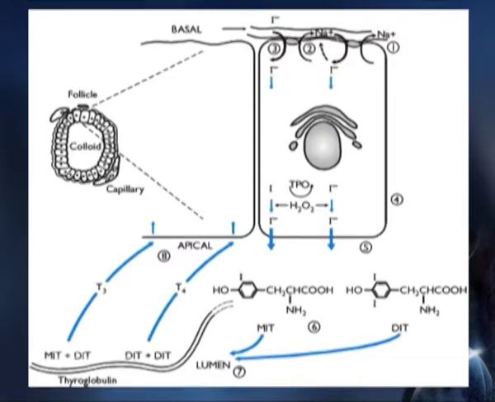Let us understand the biosynthesis process of thyroid hormone. It is a stepwise procedure that can be understood with reference to the numbers indicated alongside. Point 1 indicates the active uptake of iodine in replacement of sodium ion.